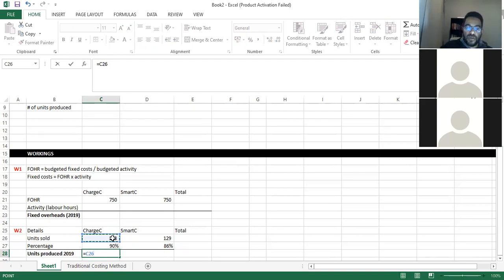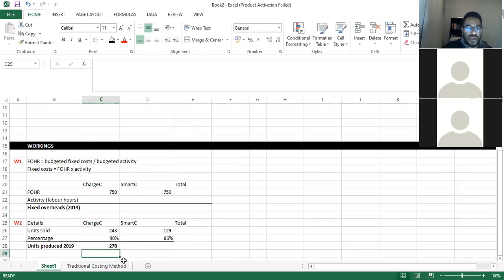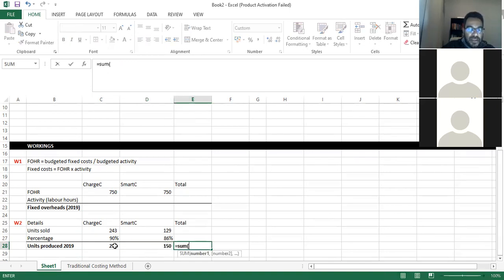That's what they actually sold, but it represents 90% of what was actually produced. So we actually produced 270. We sold 129, but that represents 86% of what is produced. So therefore, we actually produced 150. Okay, so that is the units produced. So our total units produced in 2019 is the sum.